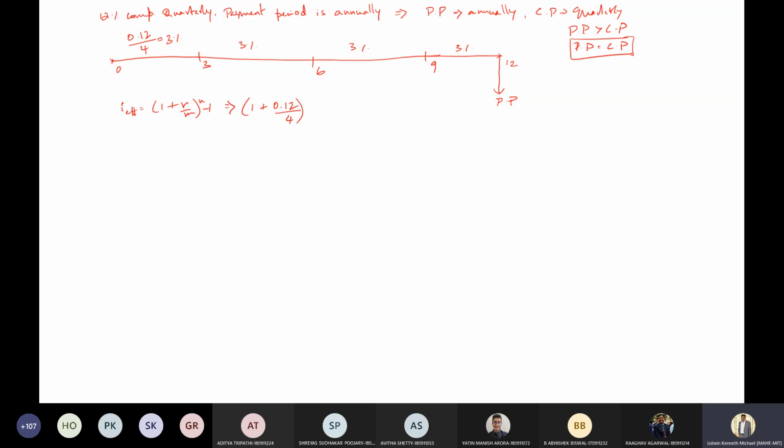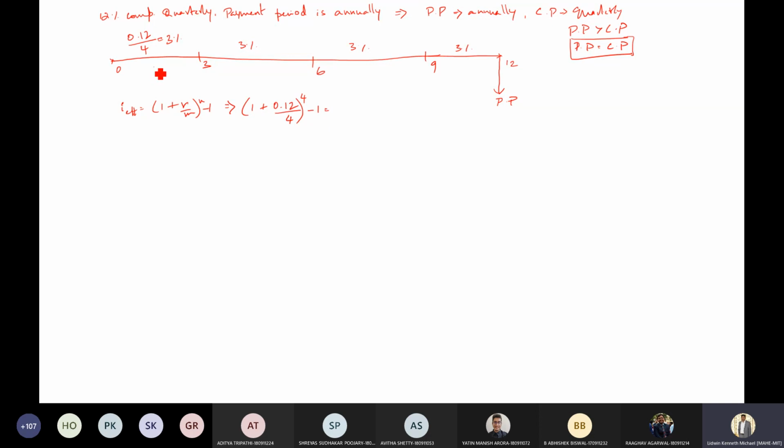How many compounding periods are there per payment period, or till you make the payment? Four. Exactly. There are 4 compounding periods till you make the first payment.